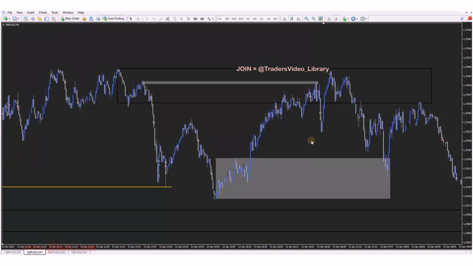And what happened, if I have my marked supply now on the M1, I can recognize this move. Yes, this is the compression, but not finished, without the strongest push to the upside. Even price made the equal highs.